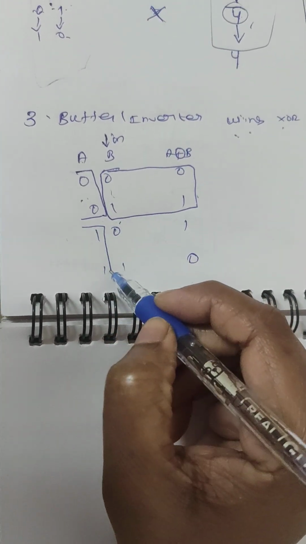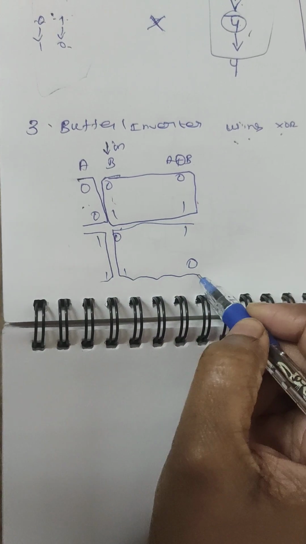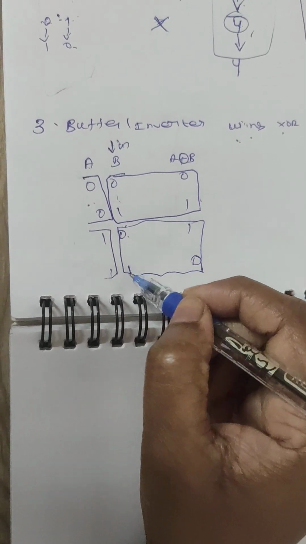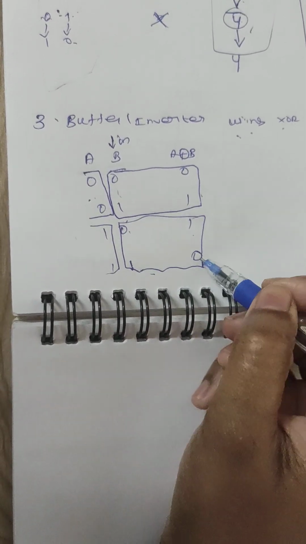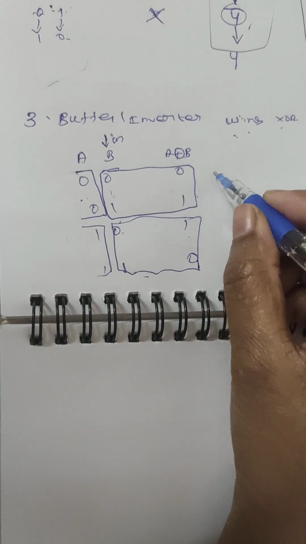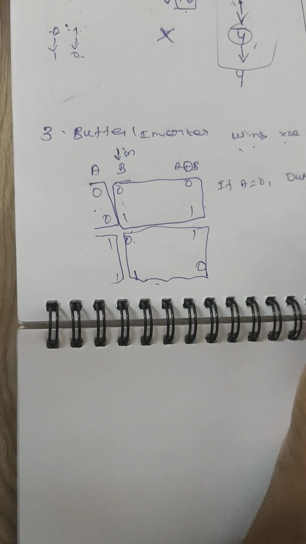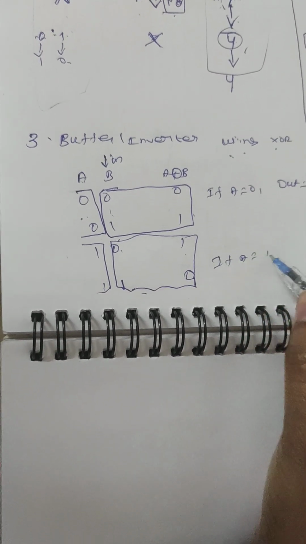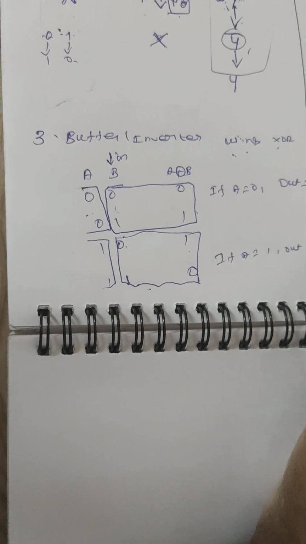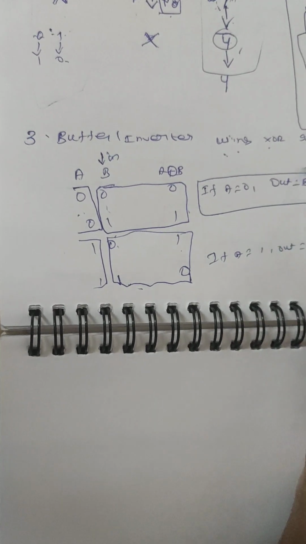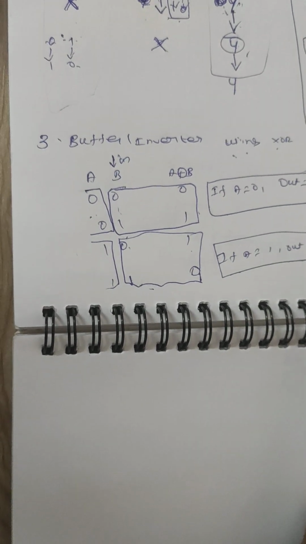Same as that, if A is 1, it just inverts it: if B is 0 it inverts to 1, and if it is 1 it inverts to 0. So if A equals 0, out will be B, and if A equals 1, out will be B bar. This is how we implement the buffer or inverter using the XOR gate.